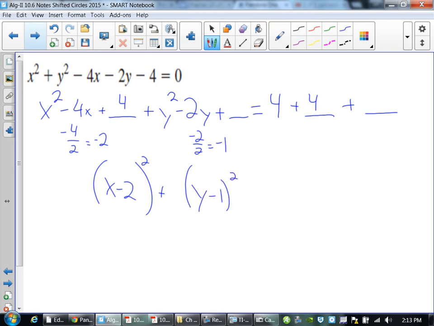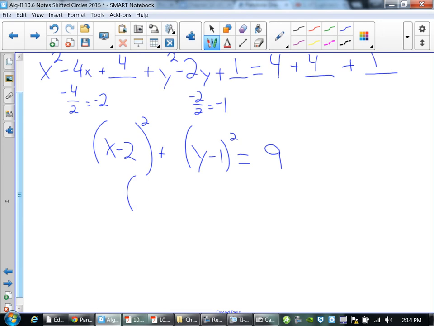Square it, and I add. What's your center? What's your radius? 2, 1, and 3. Good. So your center is at (2, 1). The radius is 3. That's basically what I'm looking for you guys to be able to do.